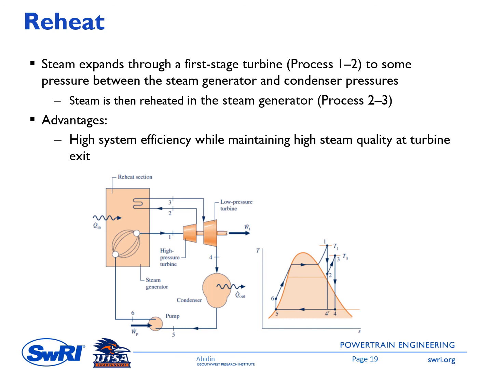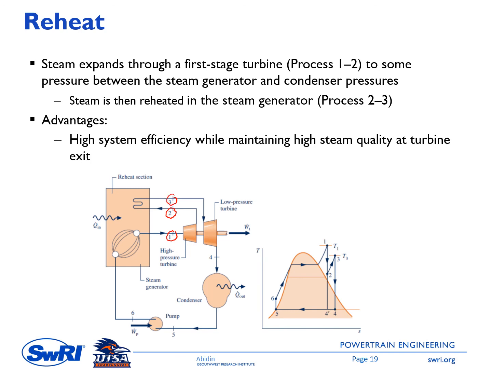At the exit of this first stage turbine, the steam is further reheated in the steam generator, doing a process from point 2 to point 3. Here, let me show you. We have point 1 entering the first stage of the turbine and then exiting the turbine at point 2. From point 2, it is reheated to point 3.